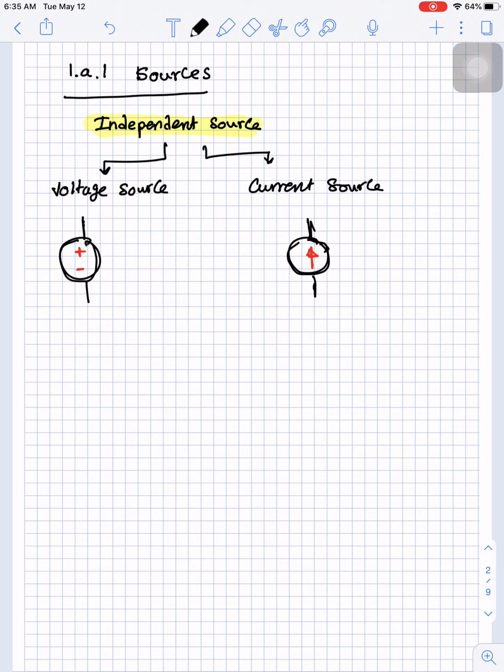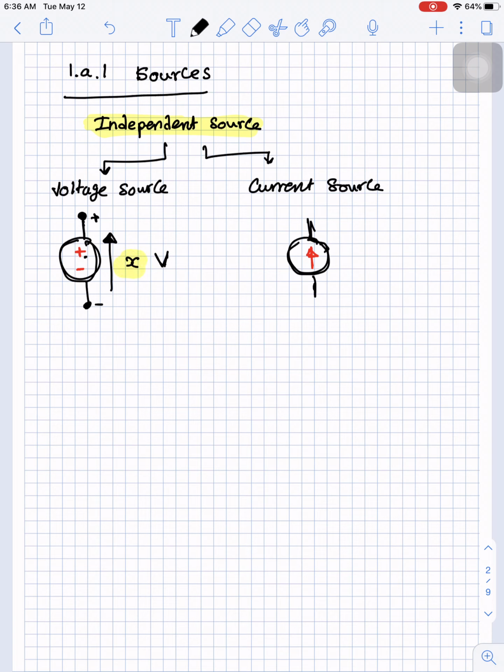For example, for the voltage source, you have two terminals, and it is given that this terminal here is positive and this terminal here is negative, which means this terminal has a higher potential or higher voltage compared to the other terminal. So if we sketch an arrow which indicates where the higher voltage is, this is where the voltage is higher, and the value of this voltage will be given, say, X volt. So this X is given.